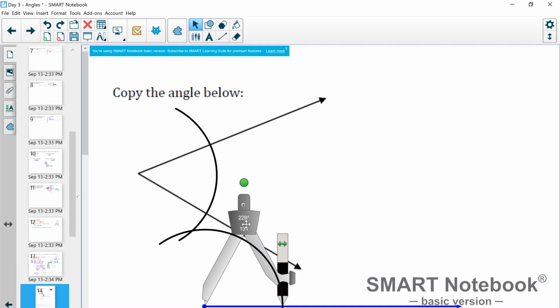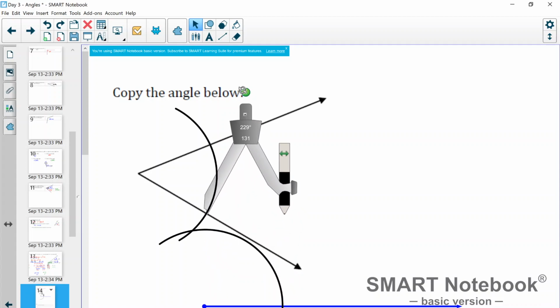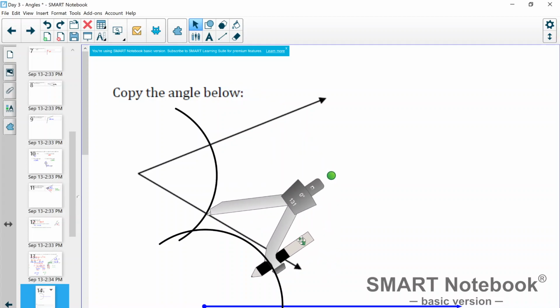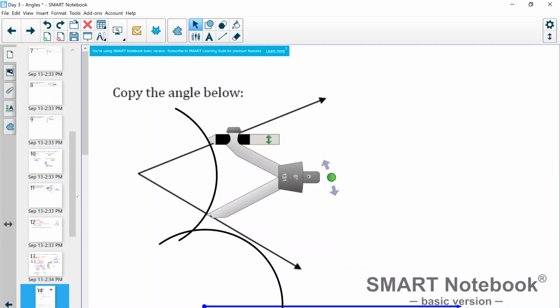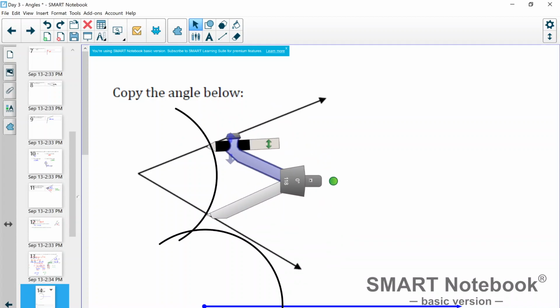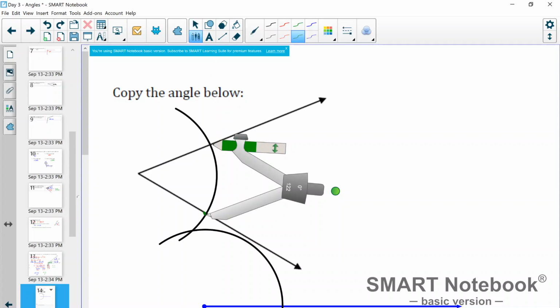My next step is to take my compass and put my bullseye on one of the points of intersection. It really doesn't matter. In this case, I'm putting it on the bottom part of the angle. So you can see here that this is where I'm putting my bullseye or non-pencil end.